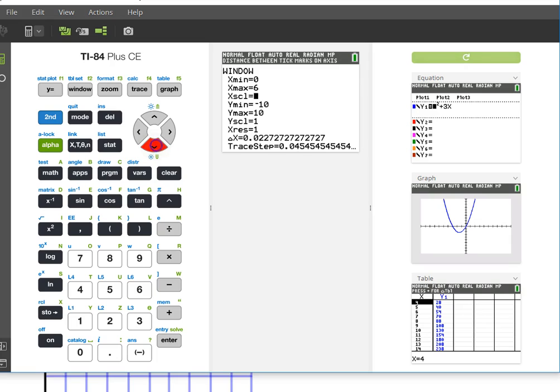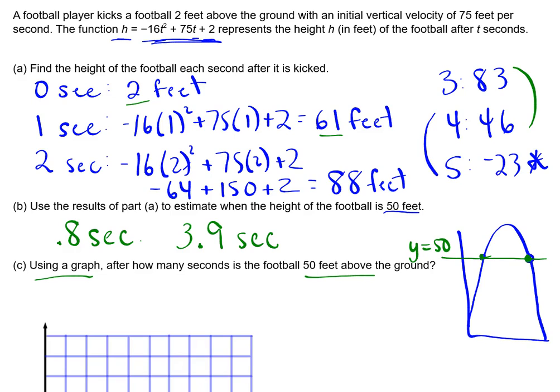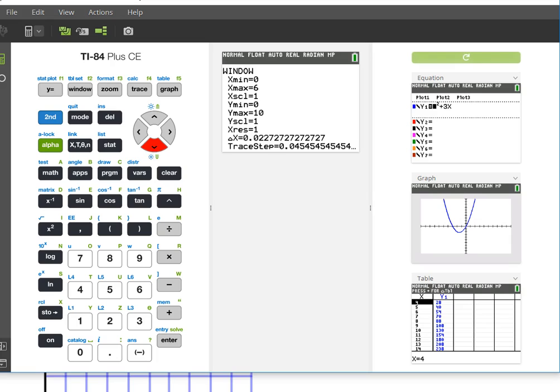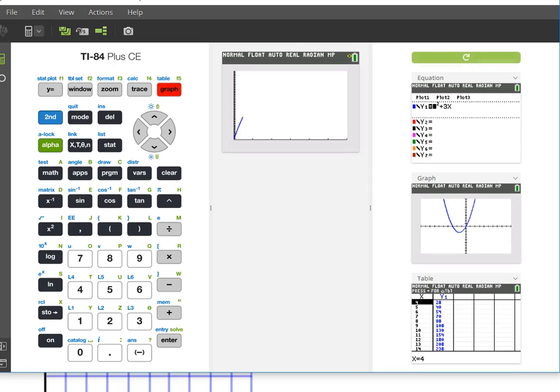Then Y is our height, so the minimum our height can be for our football is 0, and then the maximum height. Well, when we look at our data, the biggest height we got was 88 feet, so I'm going to go ahead and put in a 100 for my max height, and that should give me a decent graph. If once you've made those choices, you don't still have a good graph, keep changing them until you get something nice.